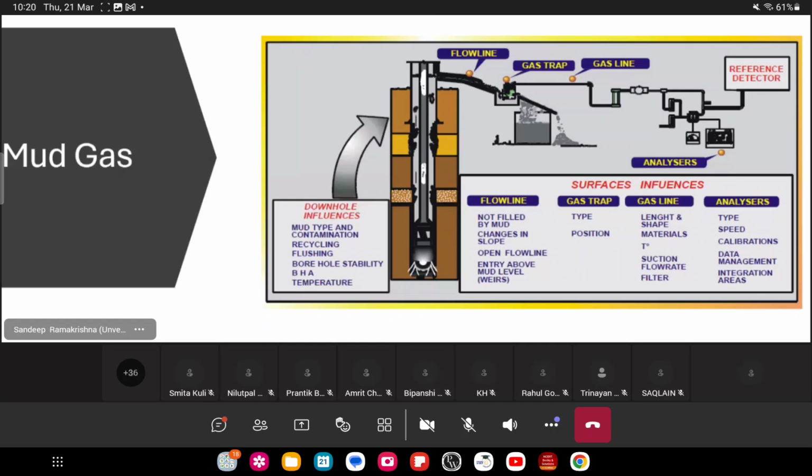And in most cases, there is some gas that definitely comes back. That's why they use these advanced mud logging systems, which have the ability to analyze and monitor those gases. C1 through C5 is definitely monitored. But sometimes, if you expect something else, then those gases are collected and analyzed for other components or impurities as well.